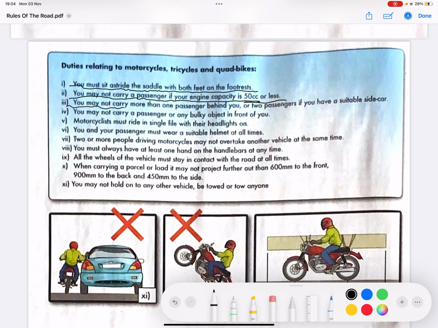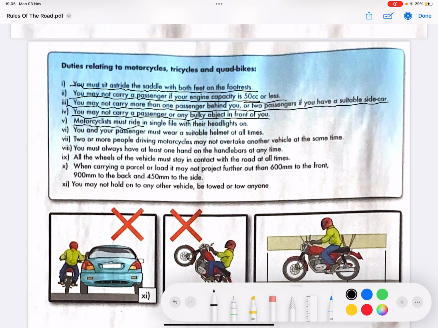You may not carry more than one passenger behind you, or two passengers if you have a suitable sidecar. Okay. You may not carry a passenger or any bulky object in front of you. You don't load things in front of the motorcycle.